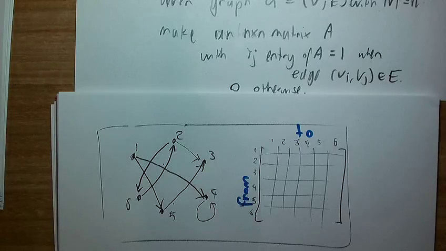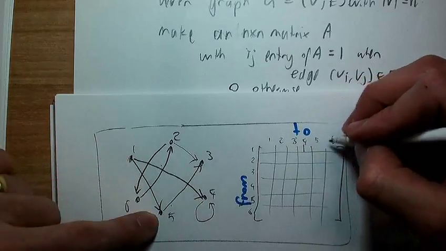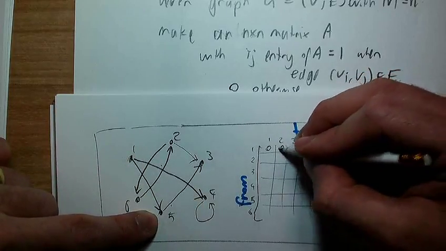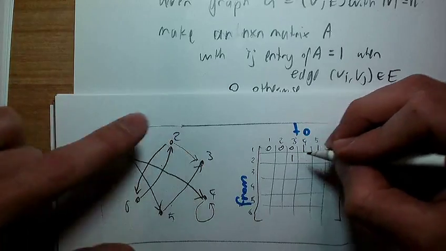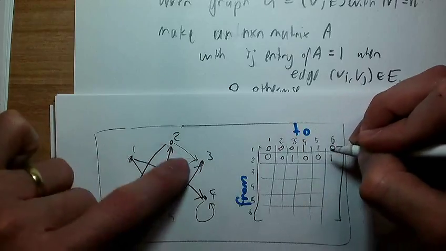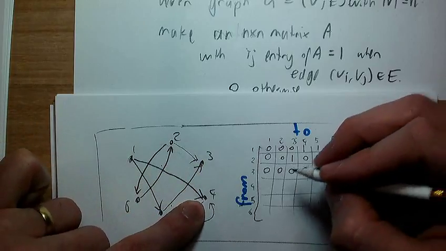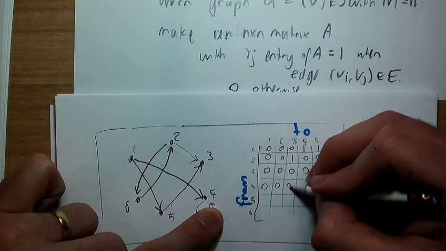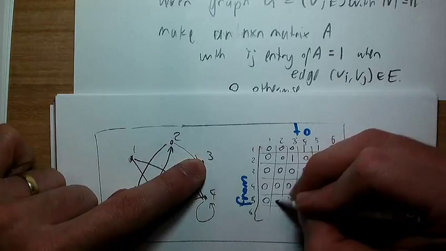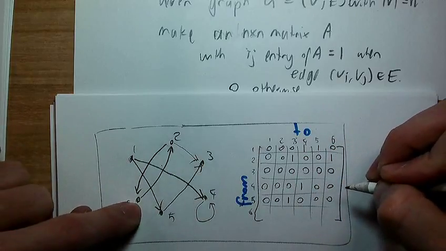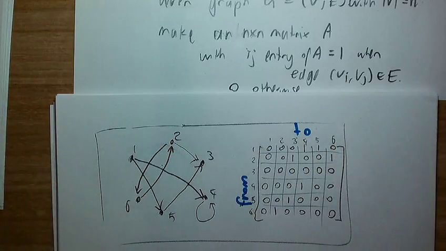It's just helpful so your reader knows what you're doing. 2 goes to 6 and to 3, but it doesn't go anywhere else. 3 doesn't go anywhere. 4 goes to itself. 5 only goes to 3. And 6 only goes to 2. That is my adjacency matrix.